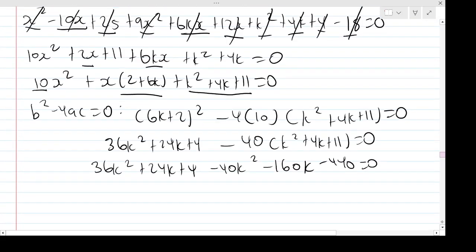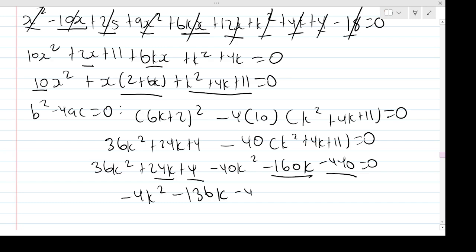Then I'll collect the terms together. So 36k squared minus 40k squared be minus 4k squared. Then 24k minus 160k, where 24 take away 160 equals minus 136k. Then we have plus 4 minus 440 gets me minus 436 equals 0.